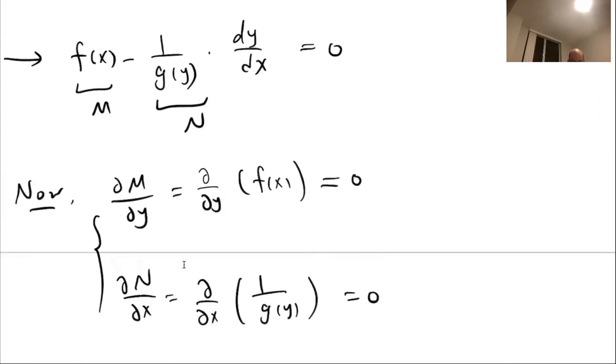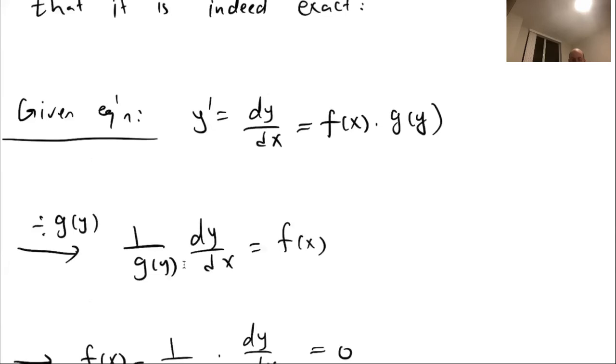And here, like the previous example, when we divide by an expression, we have to make sure that that expression is non-zero. Here we divided both sides by g of y. Again, g of y could be 0, but if g of y is 0, then y is a root of g of y, and we already know that y equals a root of g of y is a solution for our ODE.